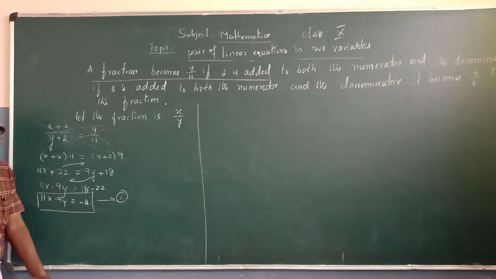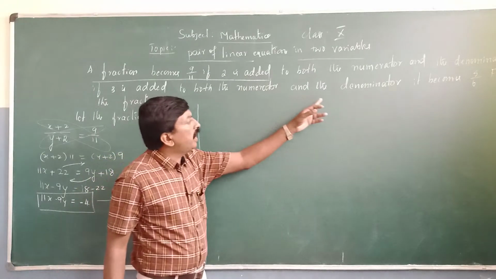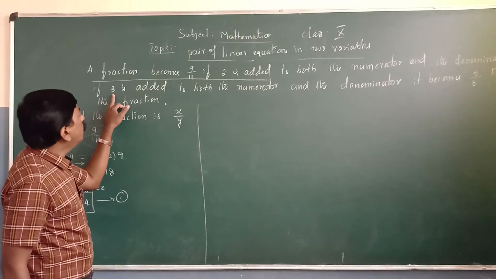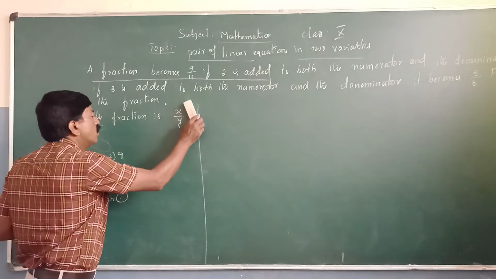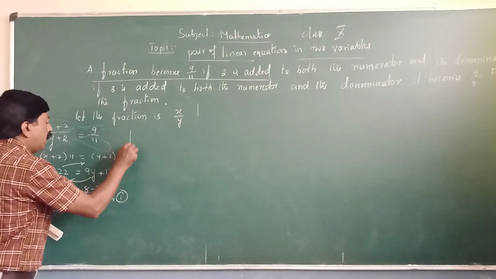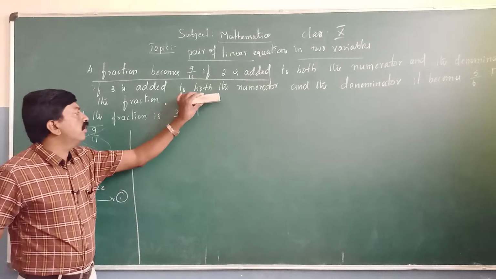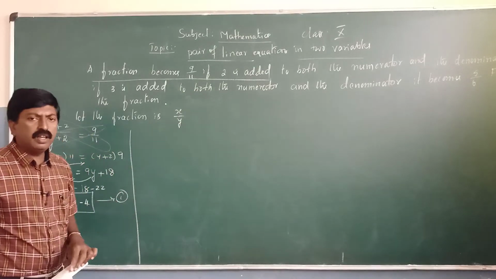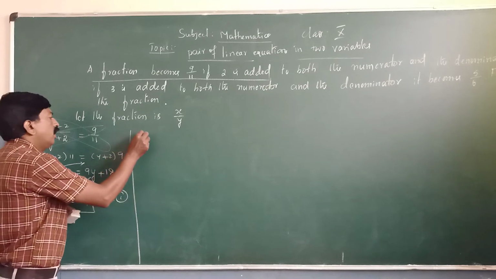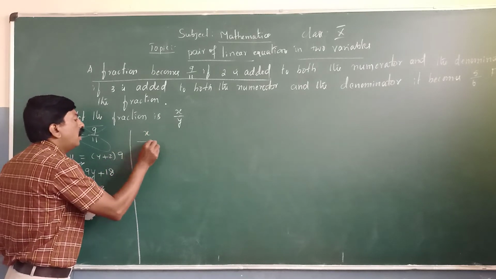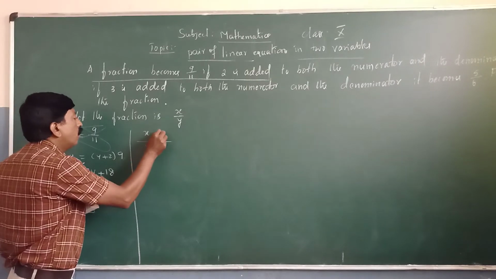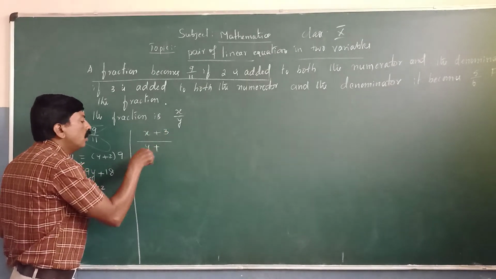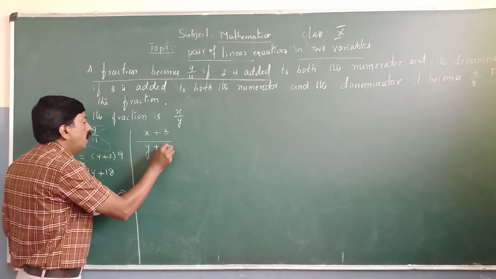Next, read the statement. If 3 is added to both numerator and denominator, observe that 3. Actually, we know that x is numerator and y is denominator. For this, we have to add 3 to both numerator and denominator.